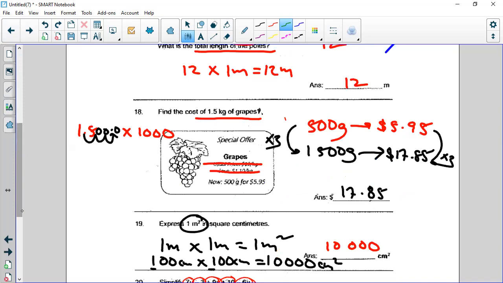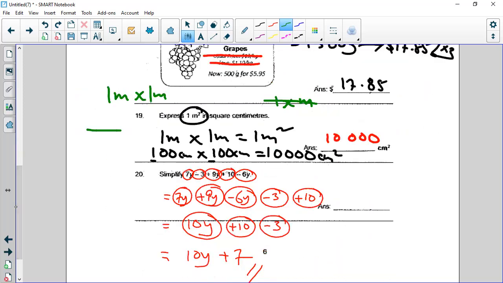What's the question? Is it okay if you put 1 times m times n? It looks weird, right? You can't do that. That's algebra, because it'll be meter square, right? Meter square means what? 1 meter times 1 meter, right? Remember your primary three square area?